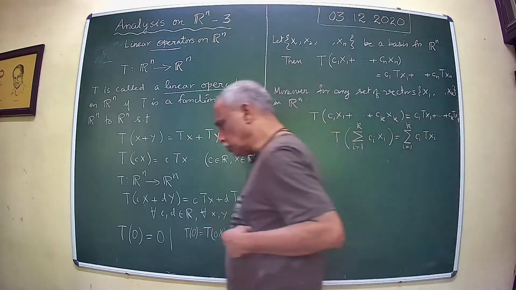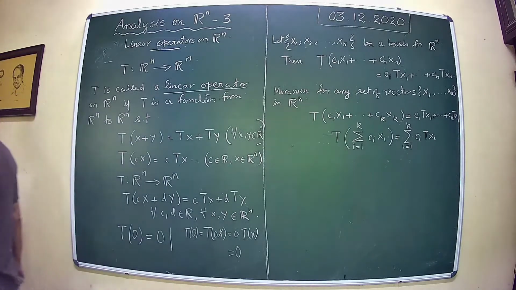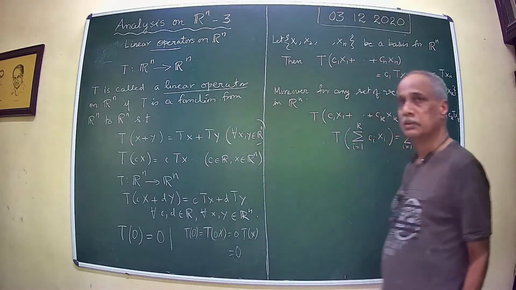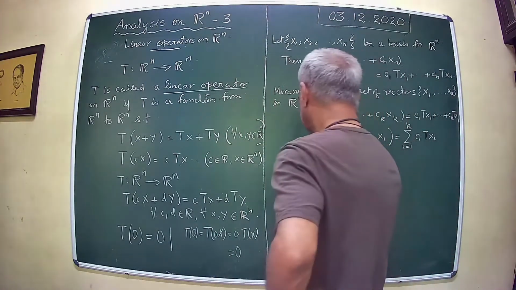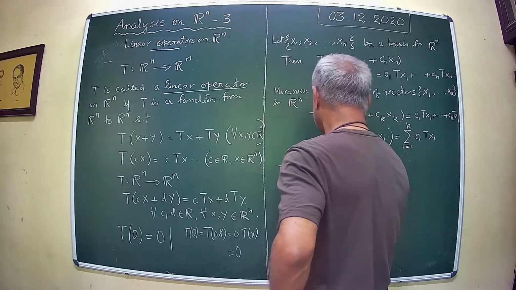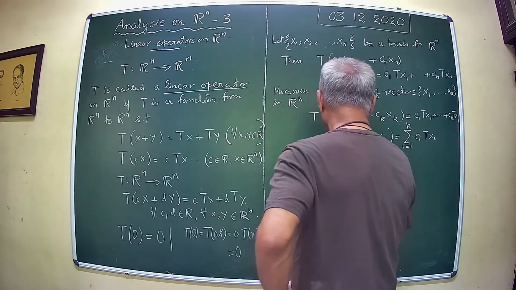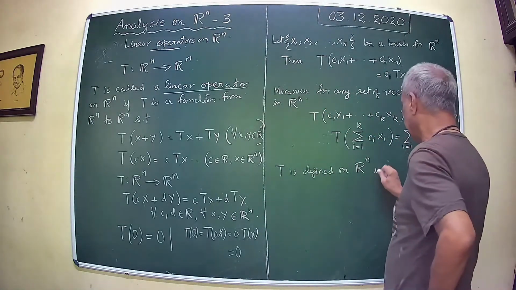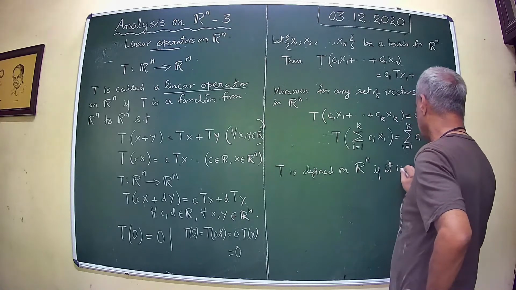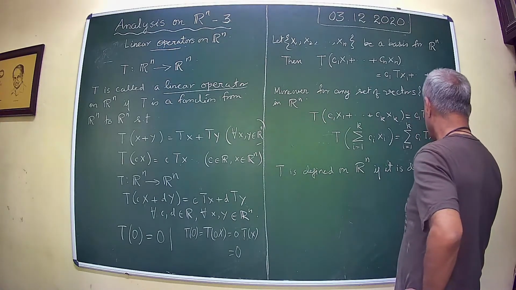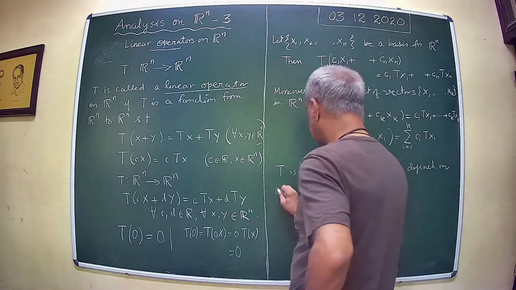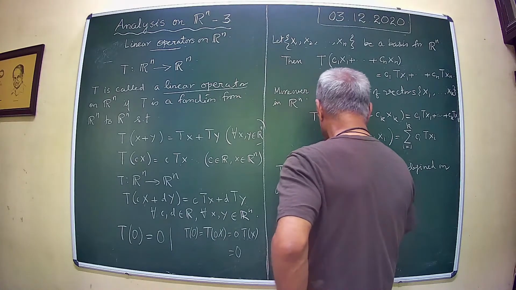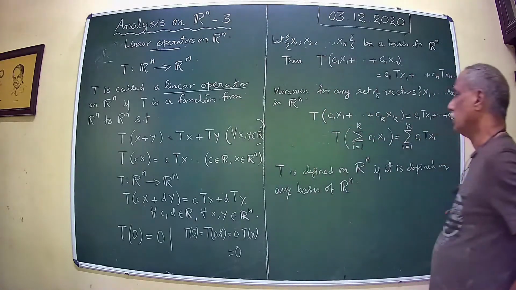Now this also tells you something. What it tells you is the following. T is defined on Rn if it is defined on any basis of Rn. So what does it mean?